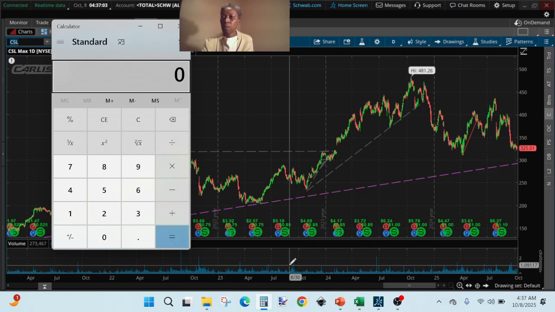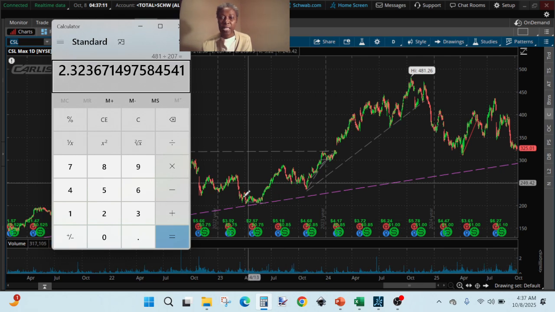So 481 divided by 207 gives you 2.3. So it doubled that price before it got out.